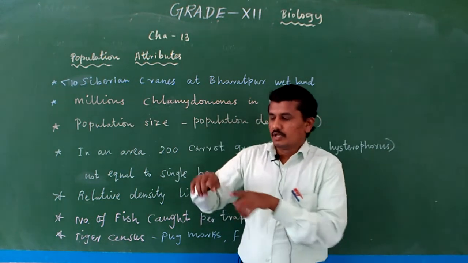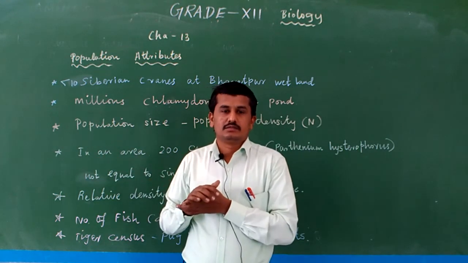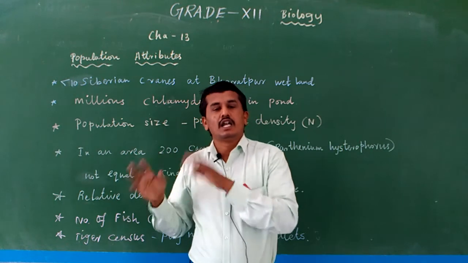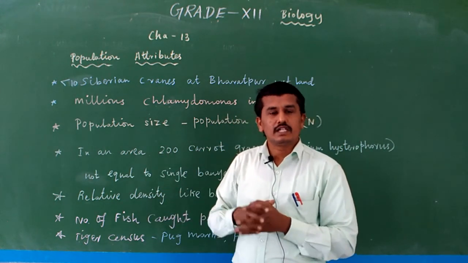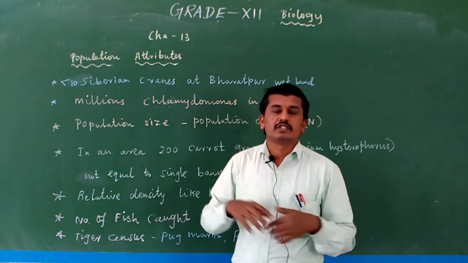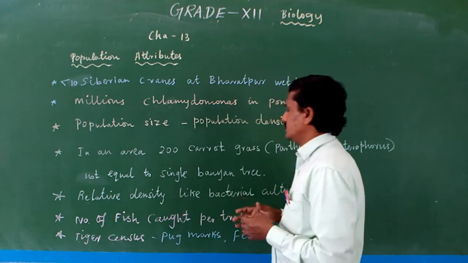For example, if in 1 meter by 1 meter, 100 grass plants are present, then 100 times the number of square meters in 1 acre. So this is actually a relative density.